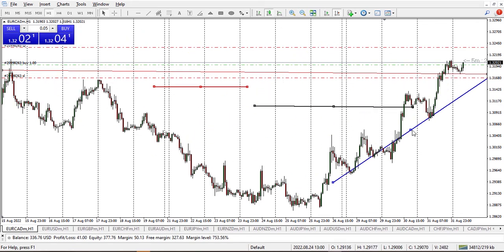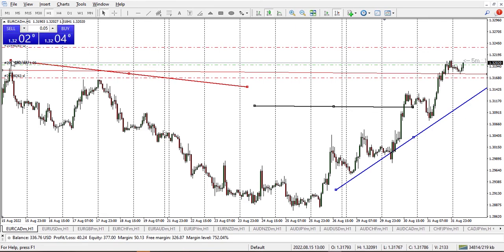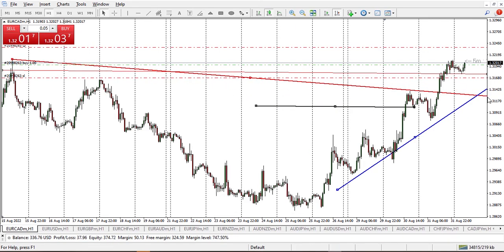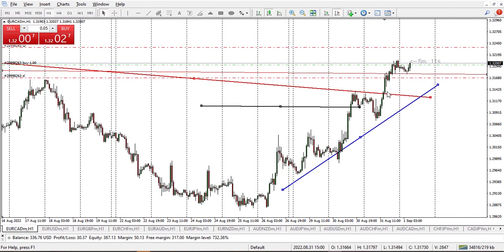So back to the same structure that I explained. As you can see, the last level where we had our highs was this level here. Okay, and then we wanted to see if the market now has a new level where it stays, but no, it broke it, and once it broke it, it's going up, and now this is no longer valid.